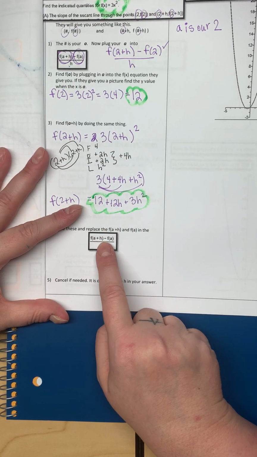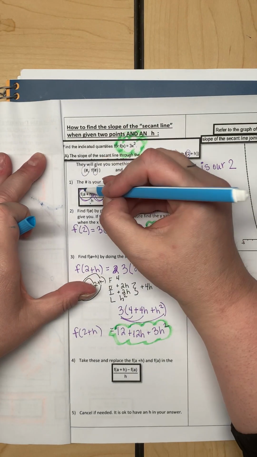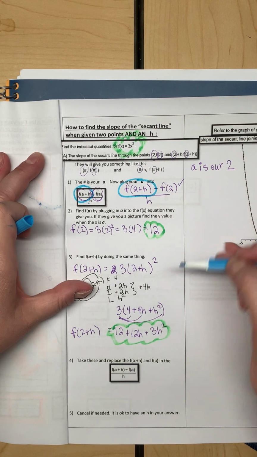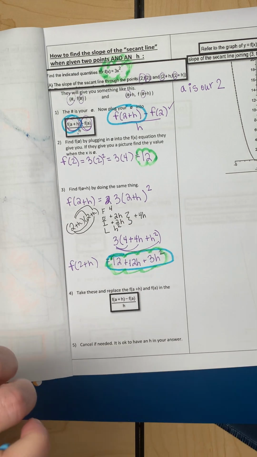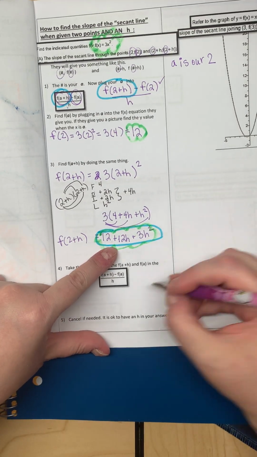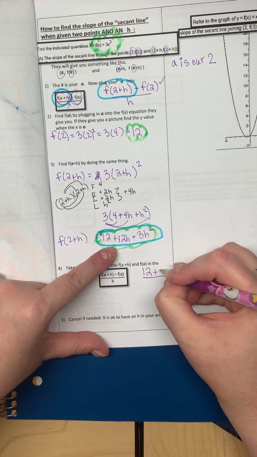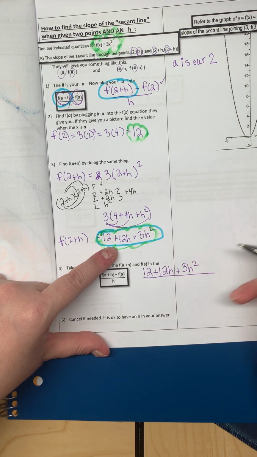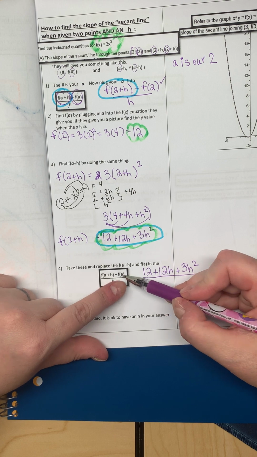Well, what was my a plus h? It was this top left, f of 2 plus h. And for f of 2 plus h, we got this. So let's write this down on top of a really big fraction, and it's going to go in the top left.